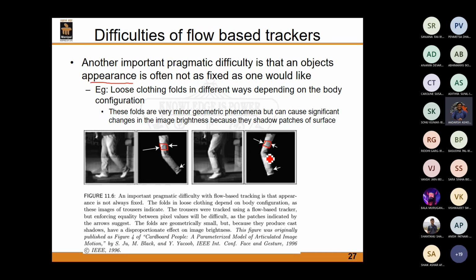In such cases, when there is a difference in the object appearance between different frames, for example if the colors are different or the illumination changes abruptly, or the variation in the texture is different, there would be a limitation of the flow-based trackers to identify the tracking properly. So this is another disadvantage.